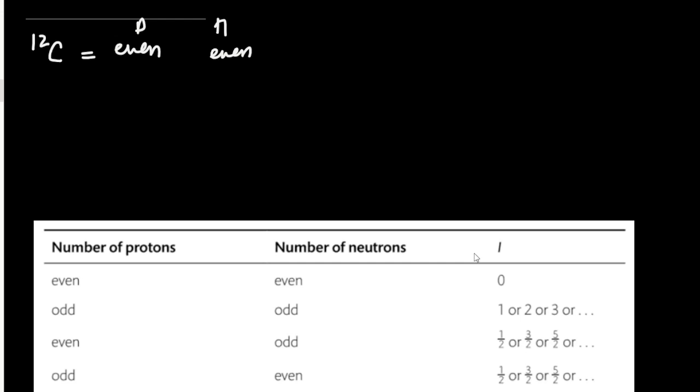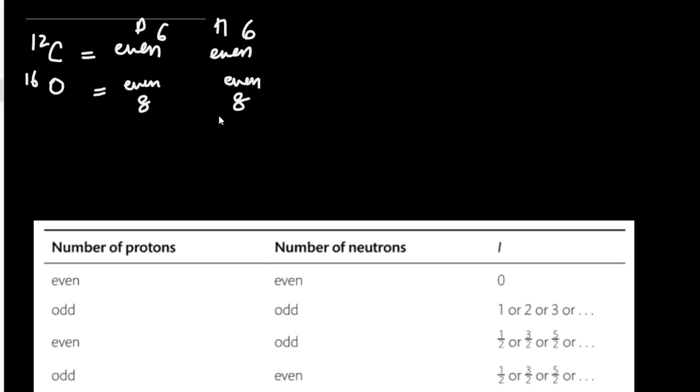When the nuclear spin is 0, we can't detect it in NMR. The same case is with oxygen 16. It has an even number of protons, an even number of neutrons, 8 protons, 8 neutrons, and carbon 12 has 6 protons and 6 neutrons. So we can't detect these in NMR.